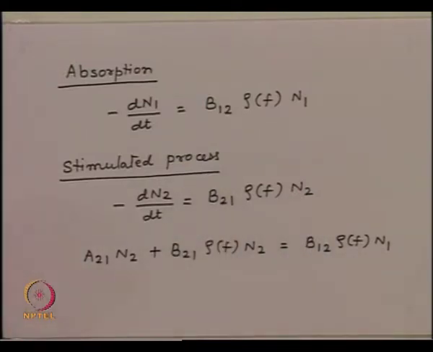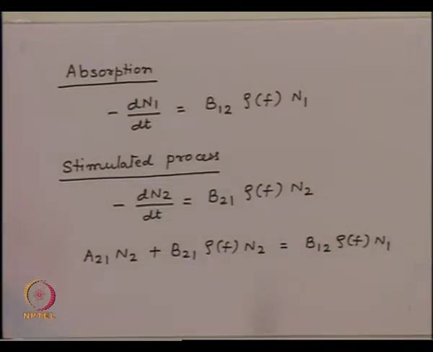And then we said at thermal equilibrium, since the number of electrons at the lower energy state and higher energy state are the same, essentially the downward processes must be completely balanced by the upward processes. So, we got this equation, where these two processes are downward processes, spontaneous emission and stimulated emission, and this is the upward process, which is the absorption process.